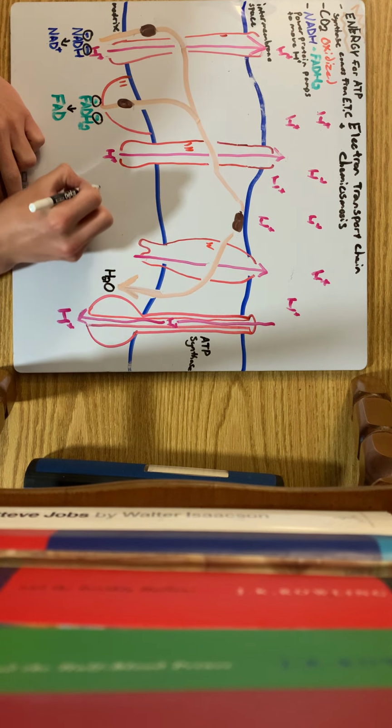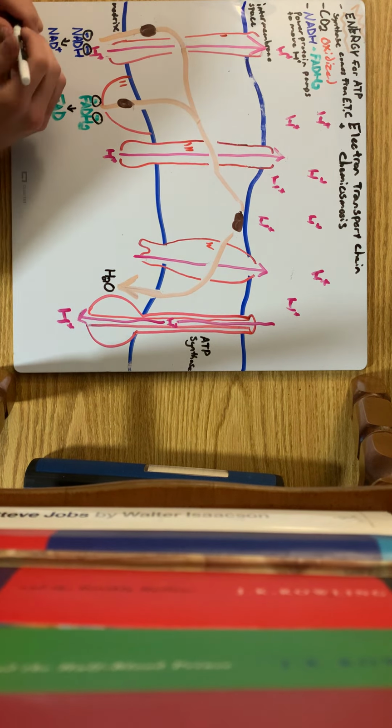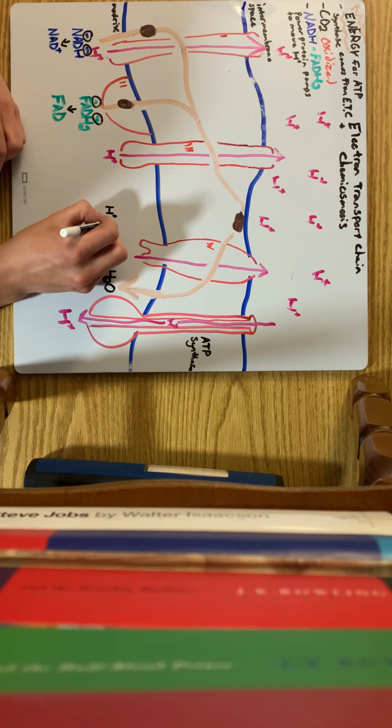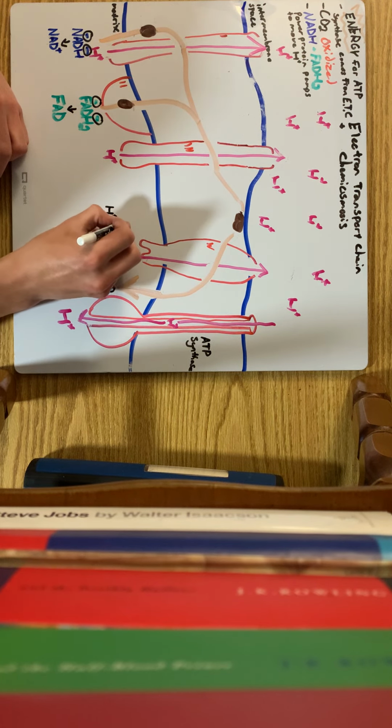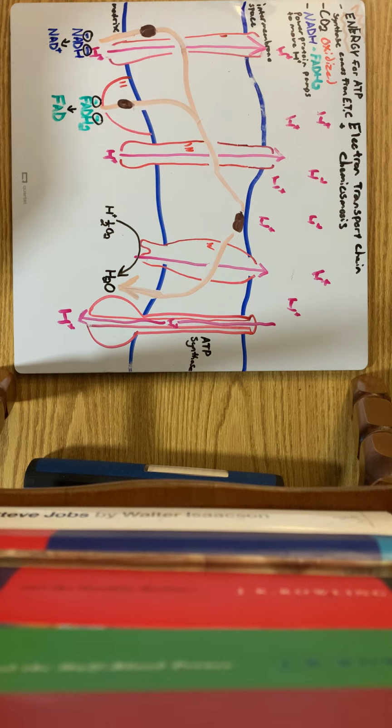So we have all these hydrogen ions. We use black for this one instead. And we also have a little bit of oxygen floating around. And that is how we get the water molecule that is produced.